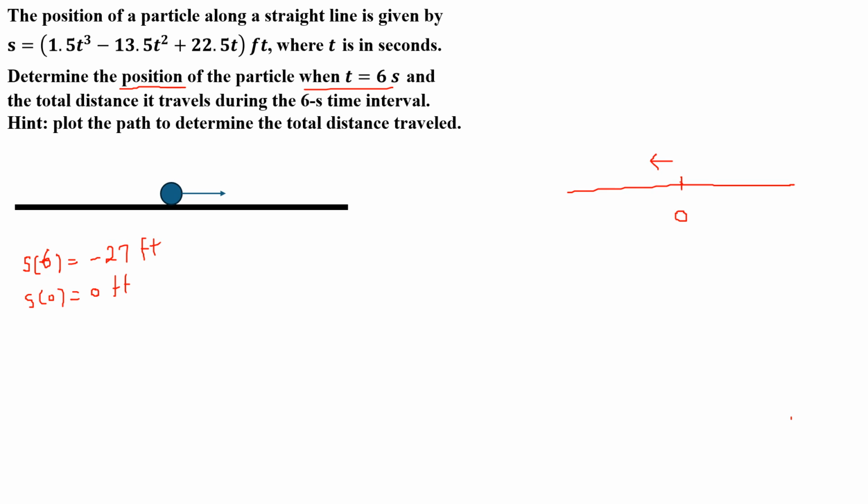The first method here, I'm simply going to replace t until I reach 6. So I'll find the position at 1, at 2, at 3, and also at 4 and 5. Okay, let us do that.